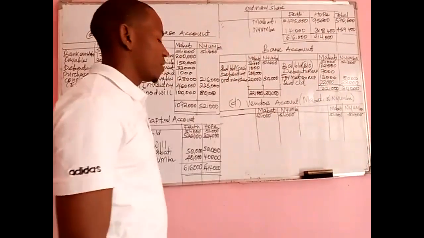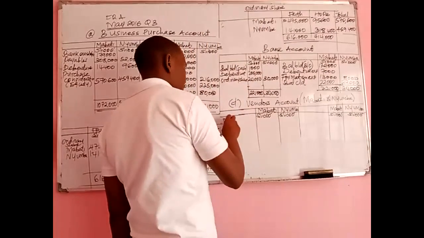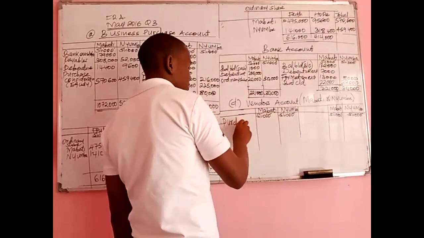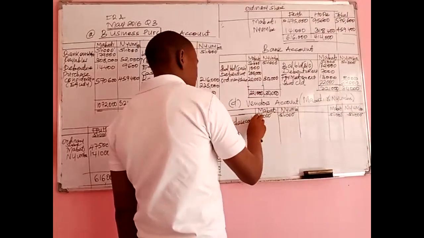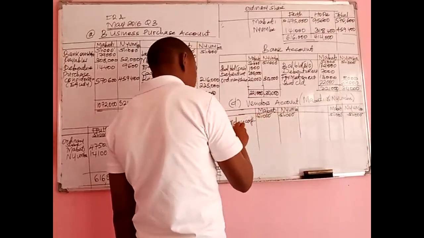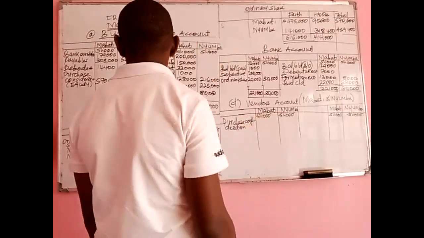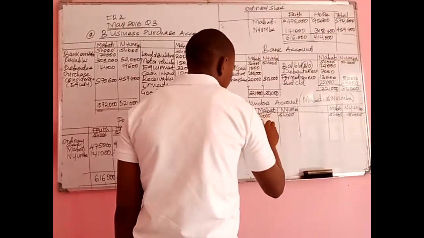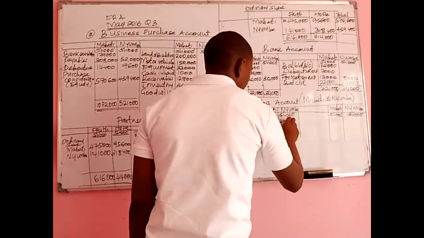Right? So on the purchasing account, this is where we debit the purchase consideration. And purchase consideration we already know. Right? Purchase consideration we had for Mabati is 576 and for Nyumba is 459.